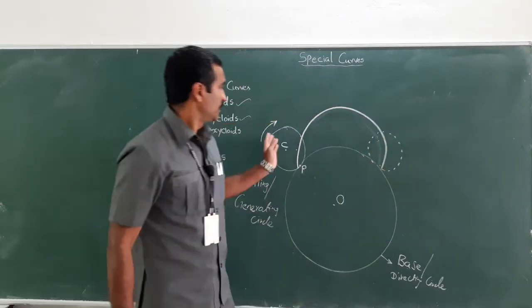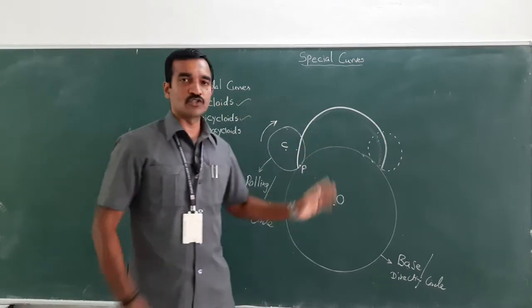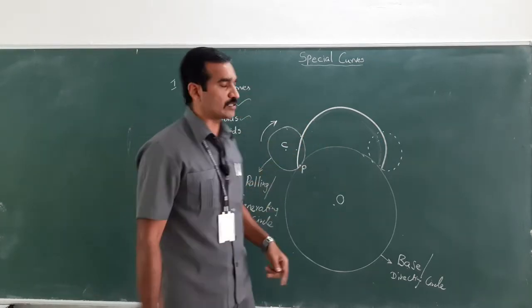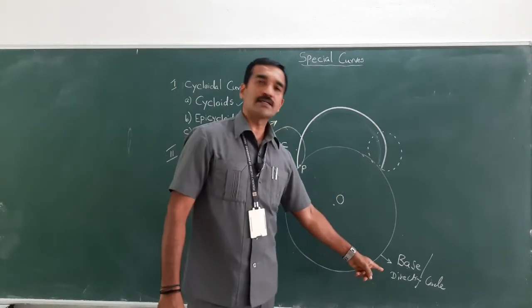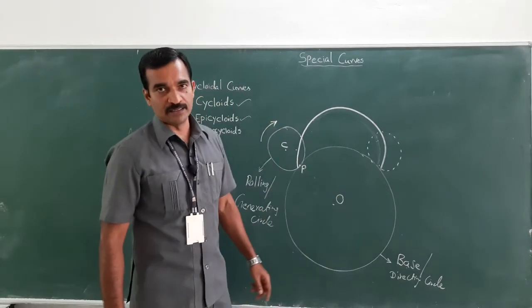Right? This is the rolling circle when it tends to rotate in the clockwise direction to complete one revolution over the base circle or the directing circle.